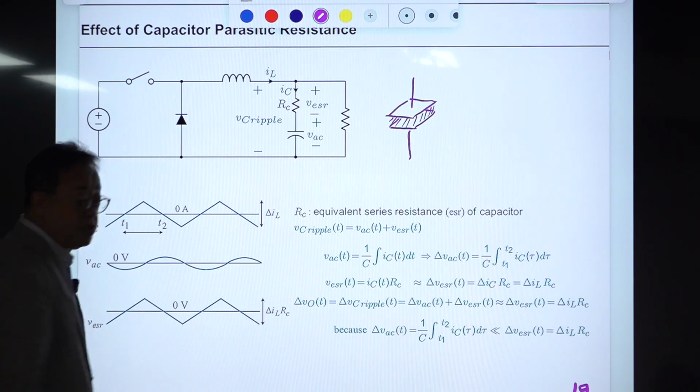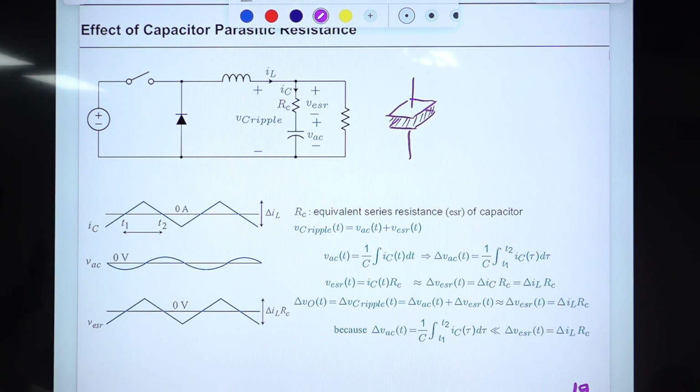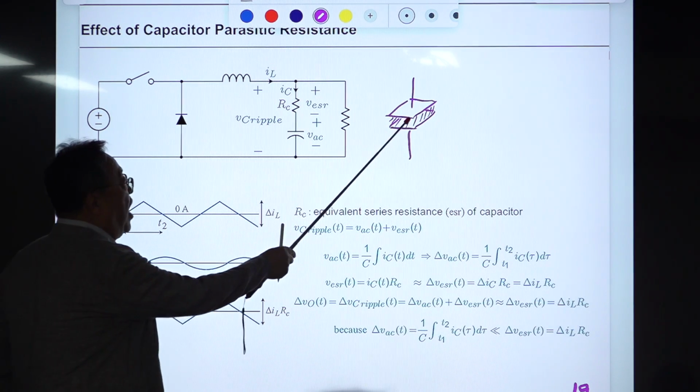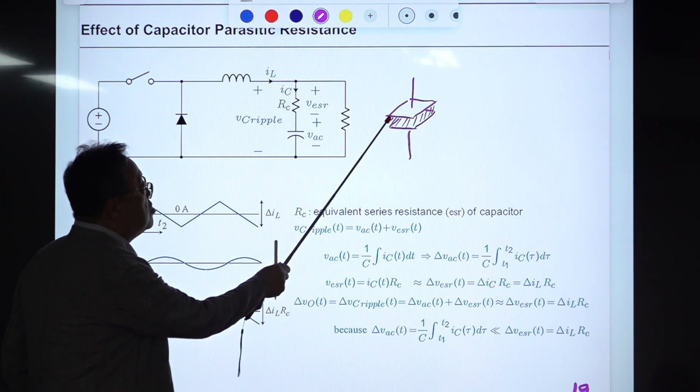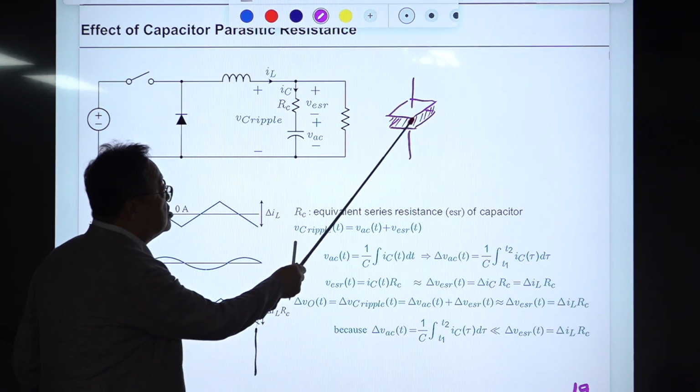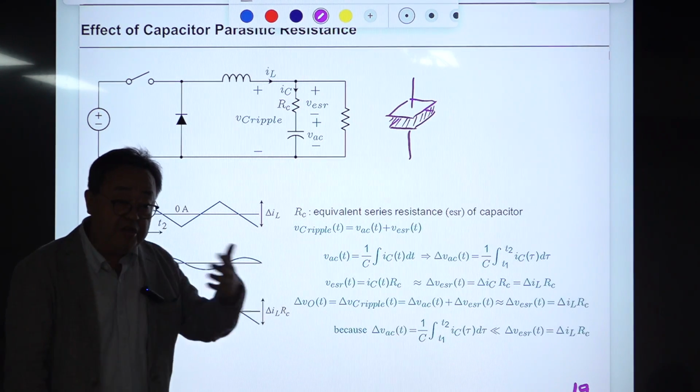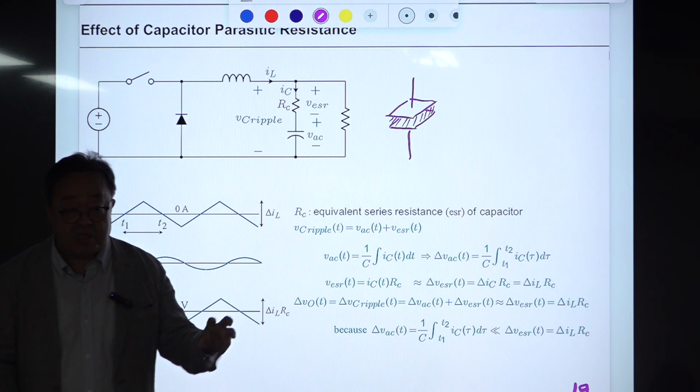Maybe this lead has some resistance component, and in addition to that, this is non-ideal material. Because of the non-ideal characteristic of this dielectric material, there is some voltage loss.